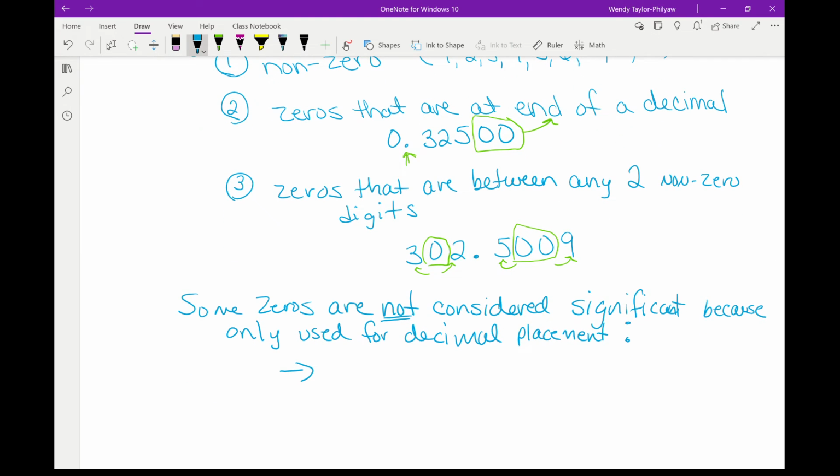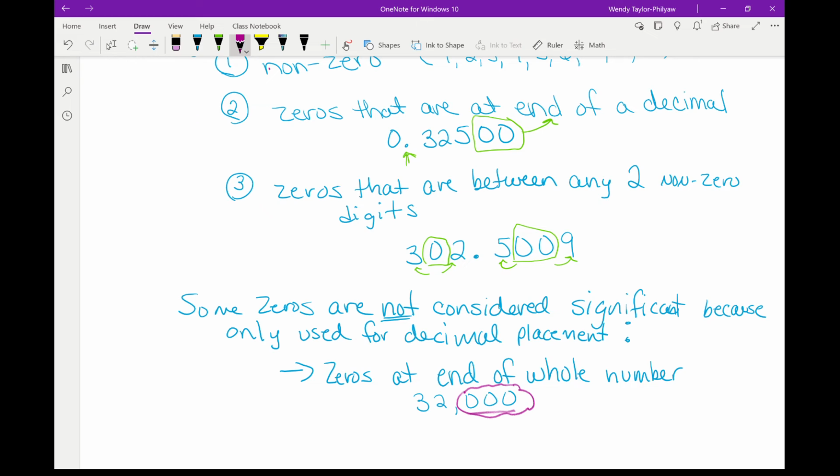Those would be zeros at the end of a whole number like 32,000. These zeros are at the end of a whole number.